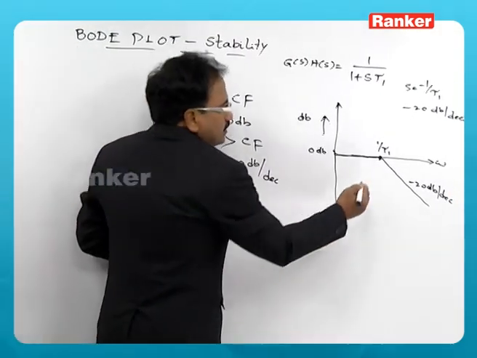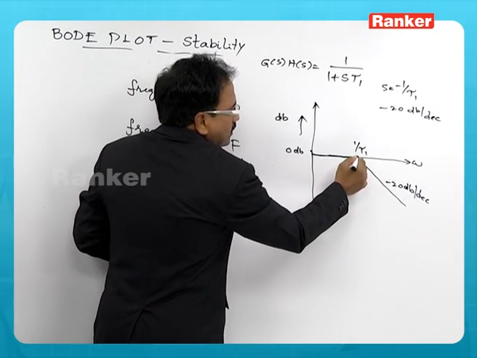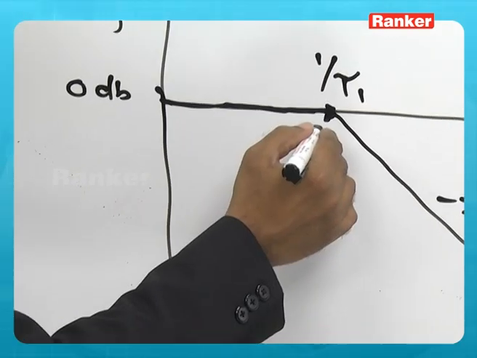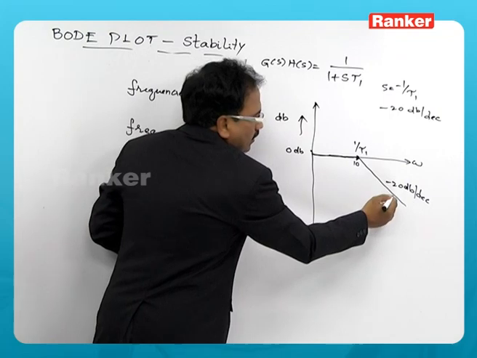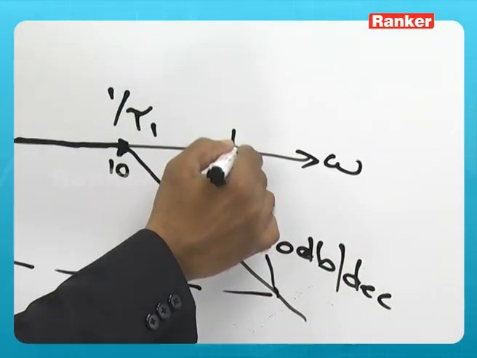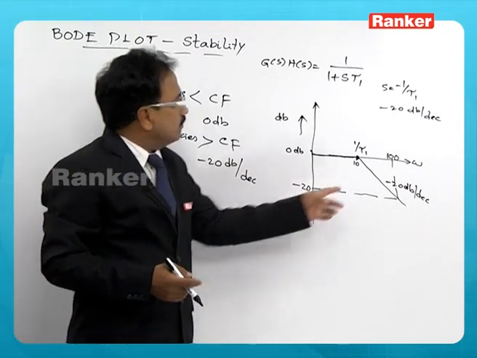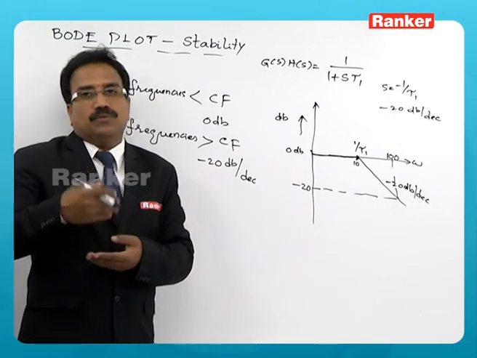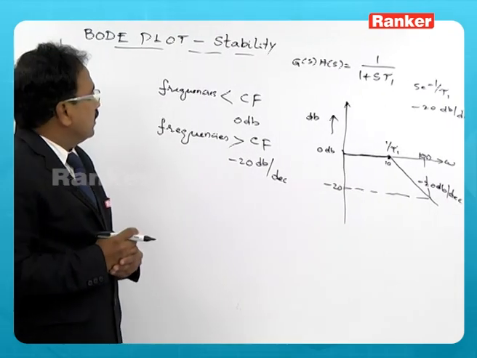So, the meaning of this: suppose at the corner frequency the magnitude is 0 dB, and the frequency is 10 here at 0 dB, then this will be minus 20 when the frequency is 100. This is the meaning of per decade: the frequency is increased 10 times, the magnitude changes from 0 to minus 20. So, we say that it has a slope of minus 20 dB per decade.